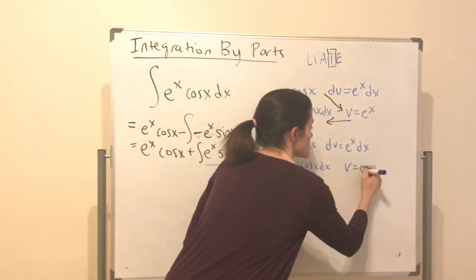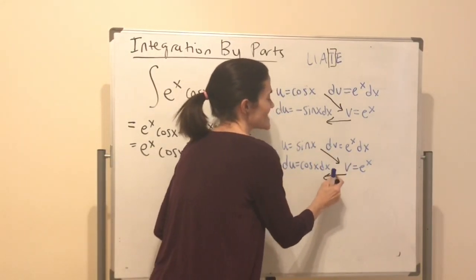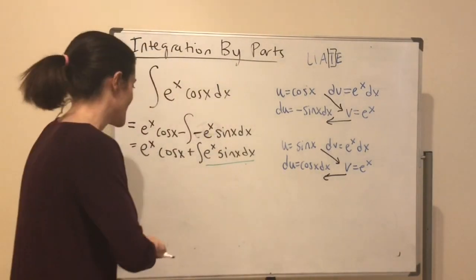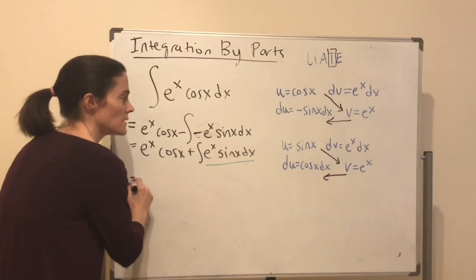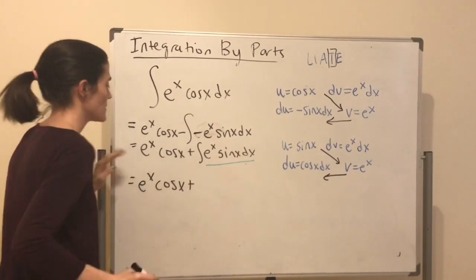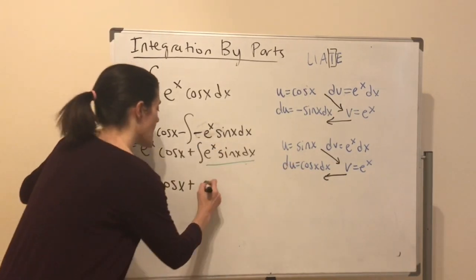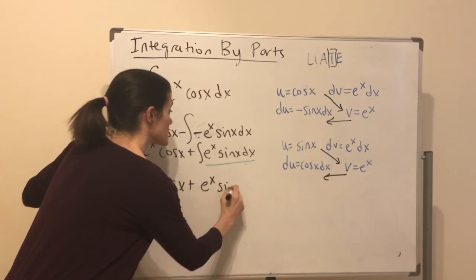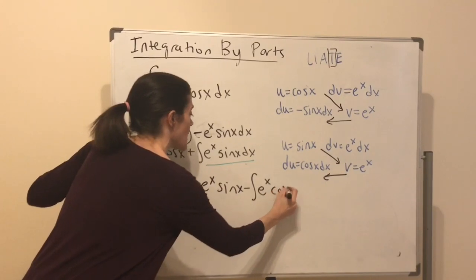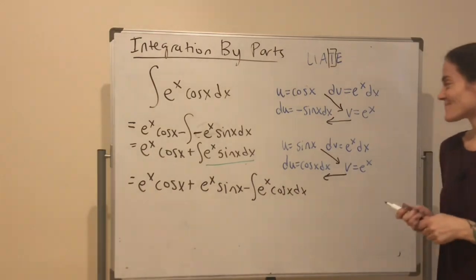We integrate this, we get e to the x, and it's uv minus the integral v du. Okay, so we have to copy this part down. We recopy. Now, this integral is e to the x sine x minus the integral e to the x cosine x dx.